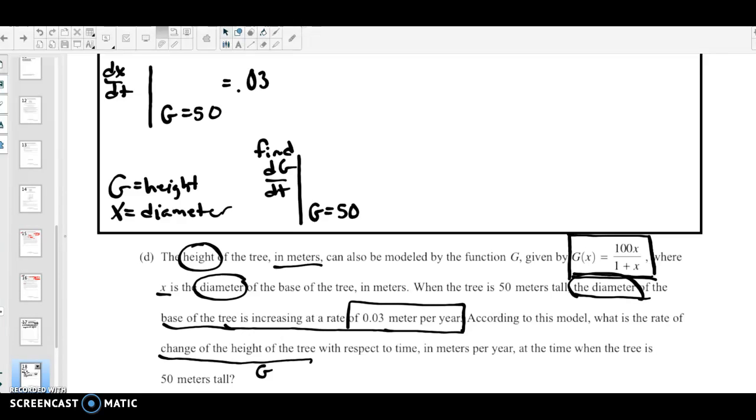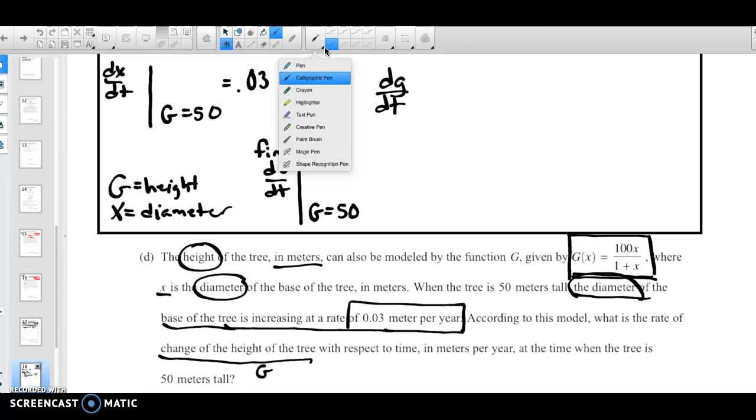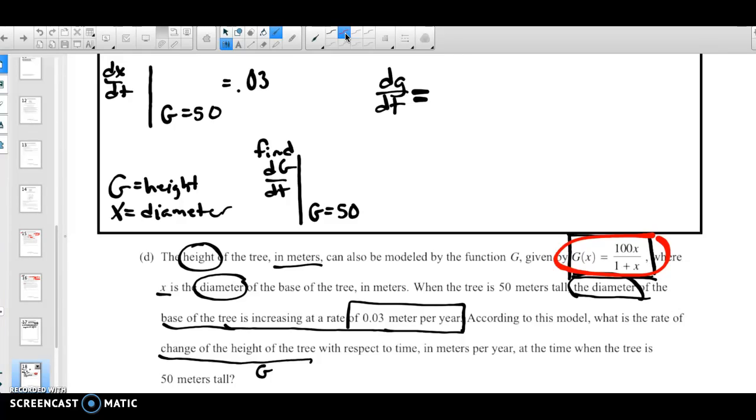Okay, so here we go. We're going to get dg/dt equals the derivative of this one here. So I've got a quotient rule. It's going to be u prime, which is 100.